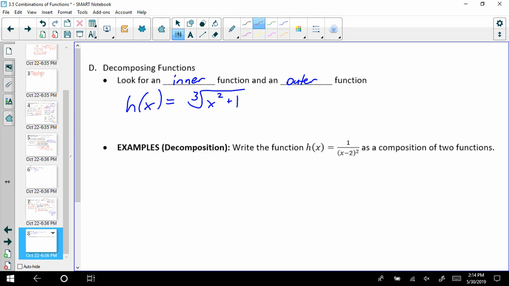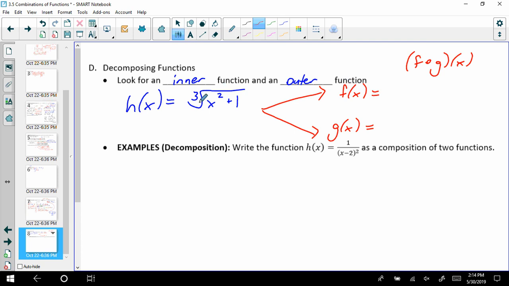And I asked, okay, break that back up into two functions. And when you break it up into two functions, I want this to be true. f eats g. So what I would tell people then, since g has to end up inside of f, g should represent like the inside.